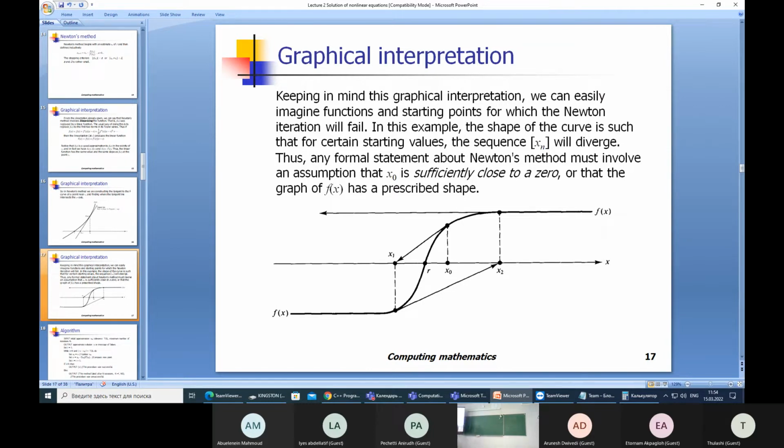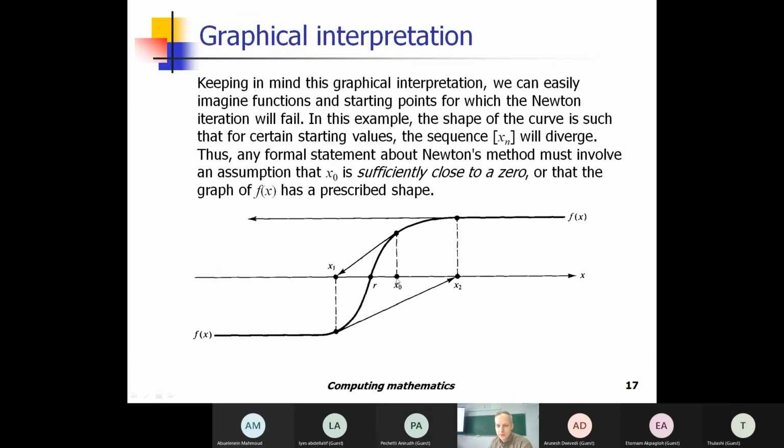Suppose that x0 is this point. Then we compute f of x0, find the slope of the tangent line, and find the intersection of the tangent line and the zero axis.